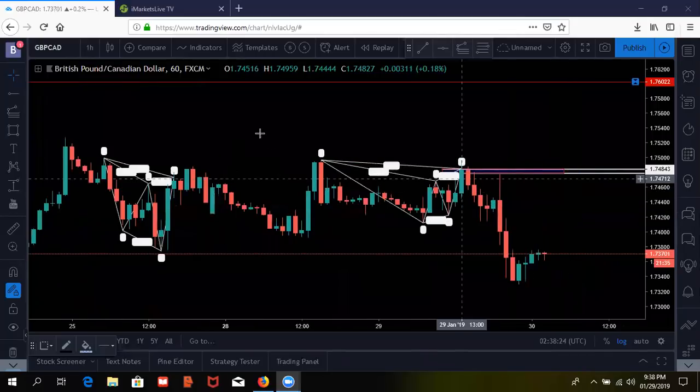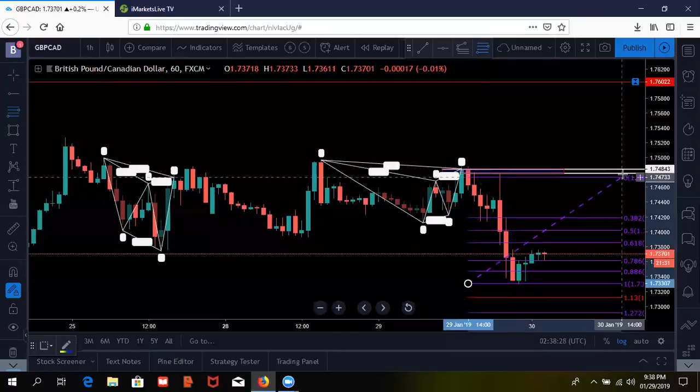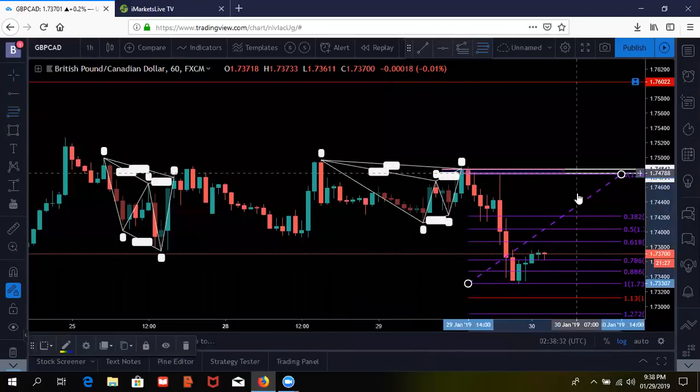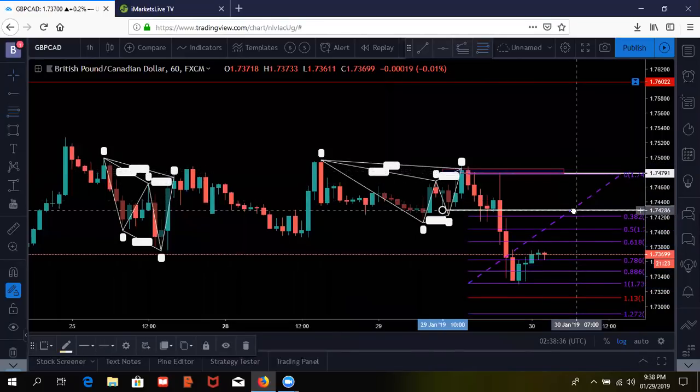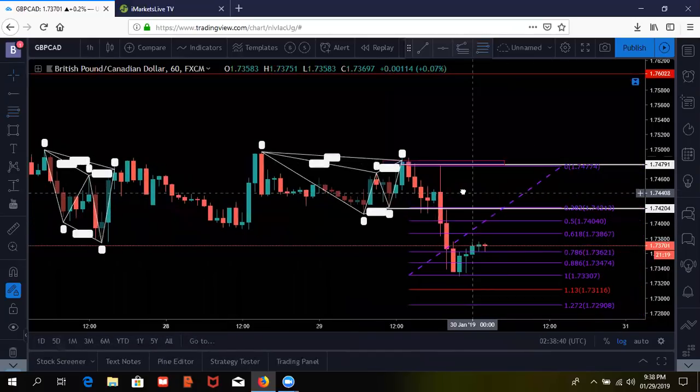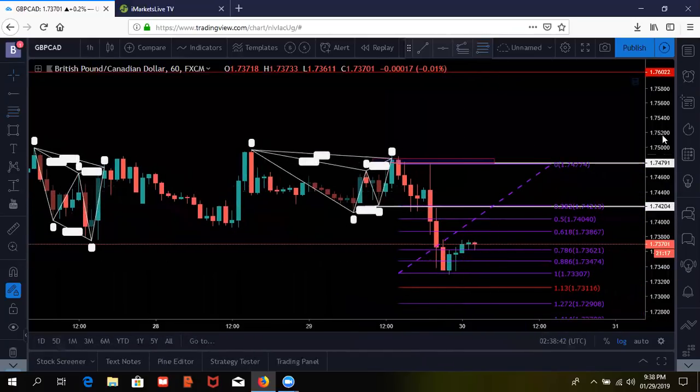Like if I go ahead and take my fib from here to here, support to resistance, price could push down. I'm sorry, price could come up as high as this level right here, and then continue to drop to the downside.